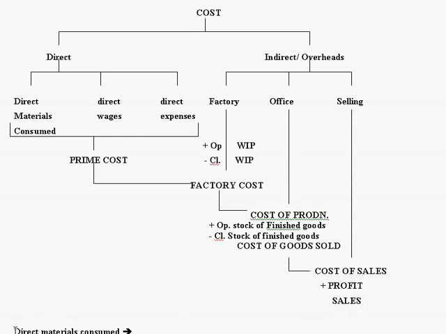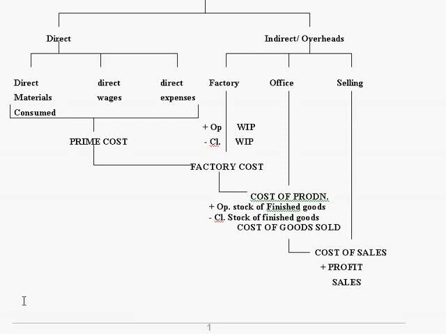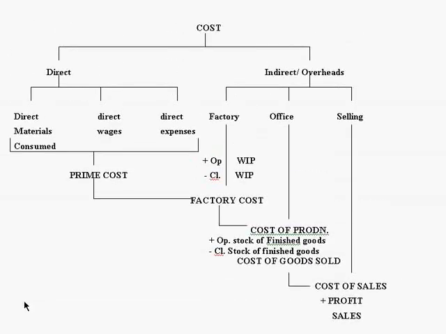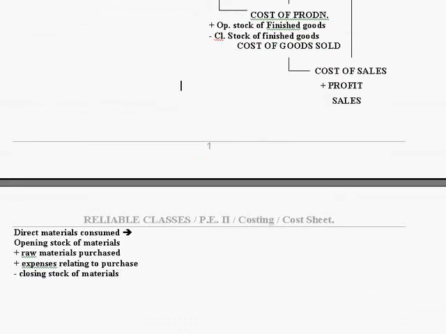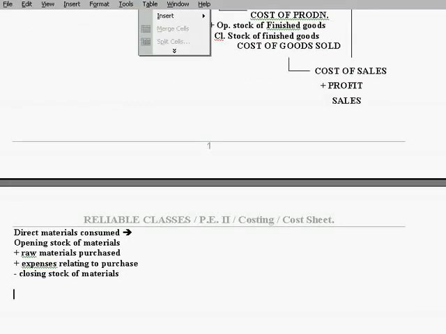Is that very much clear? Is that fine now? So all stocks included. Is this very much clear? So now your final format. How will your cost sheet look like?